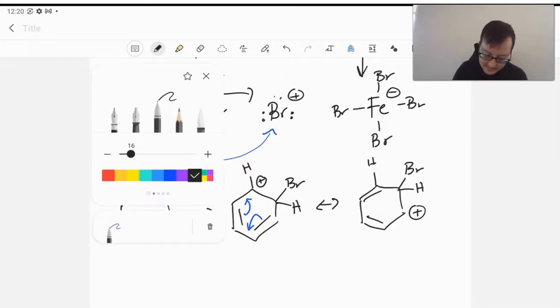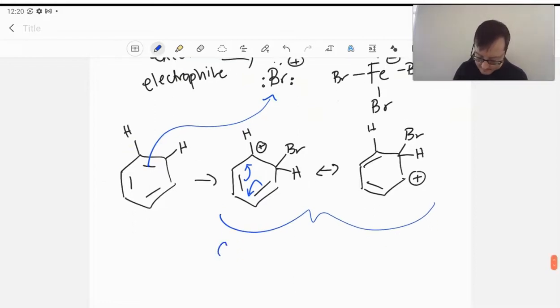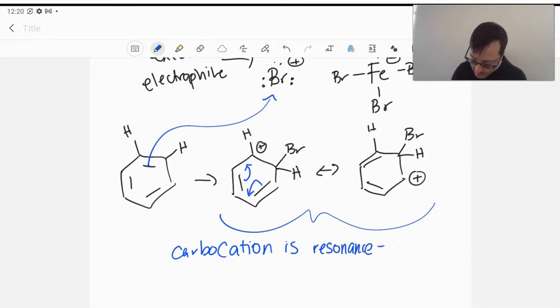So notice that this cation is resonance stabilized. And of course, there's a third place we could put the positive charge, right? We could put the positive charge on the opposite side of the bromine through resonance as well. So we definitely have that option.